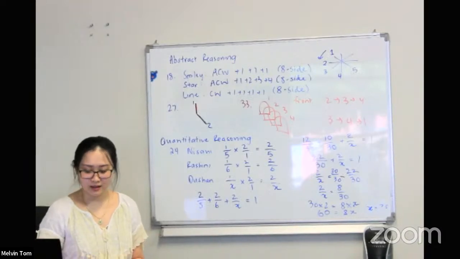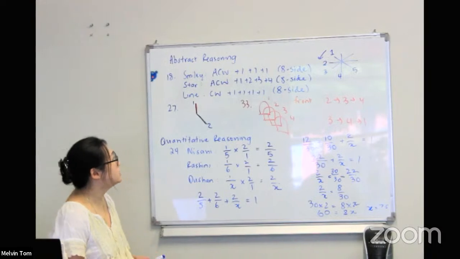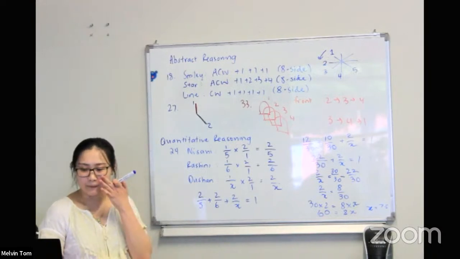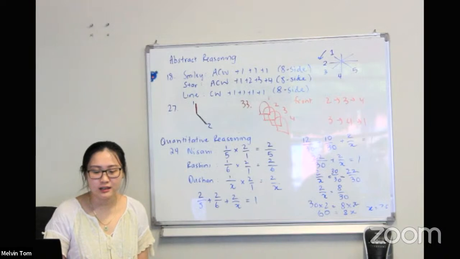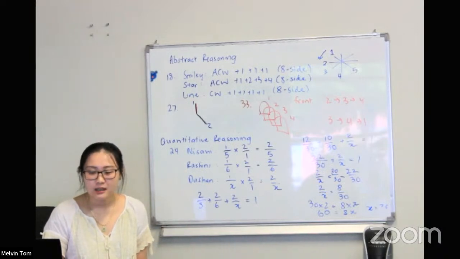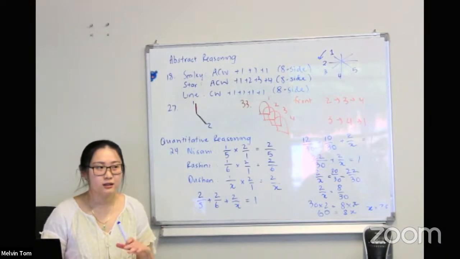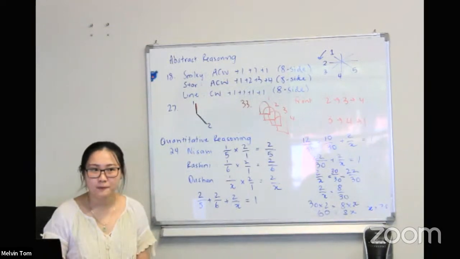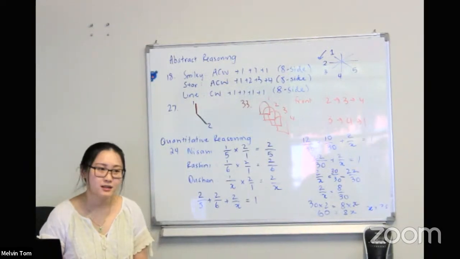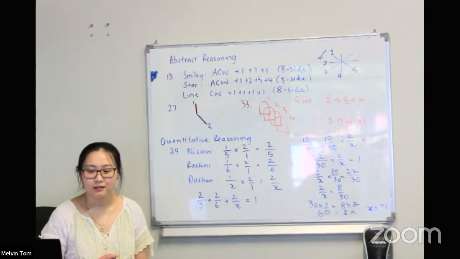Alright. For question 30. Okay. I'm not sure if you guys learned about this in school, but there's a property with the greatest common factor and the LCM. There's a property between those two numbers.